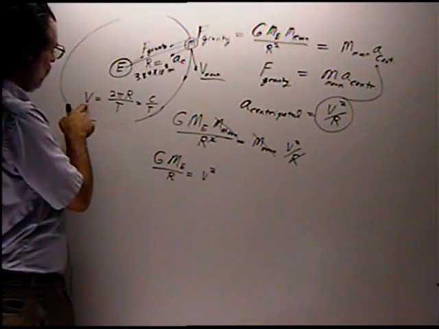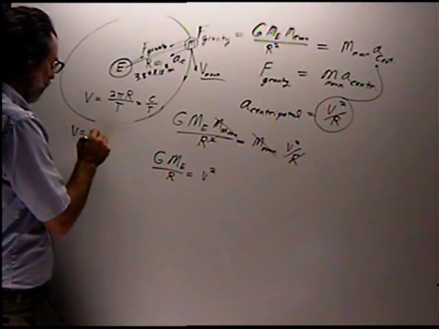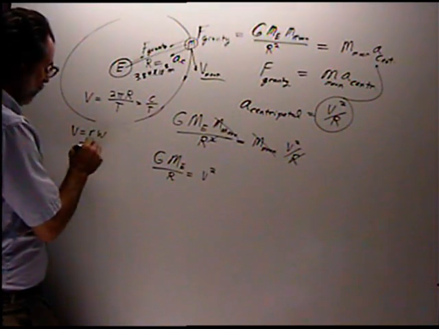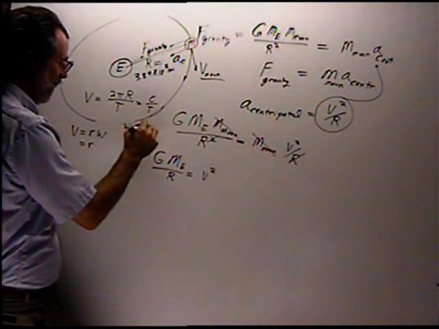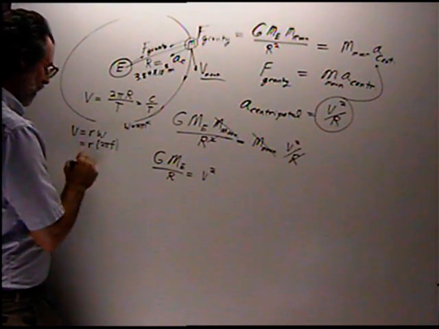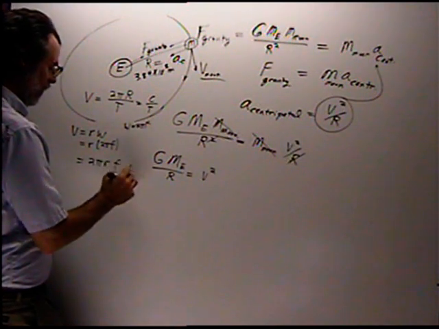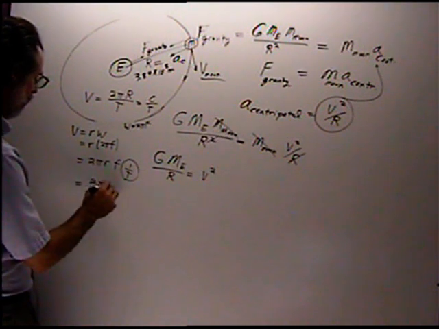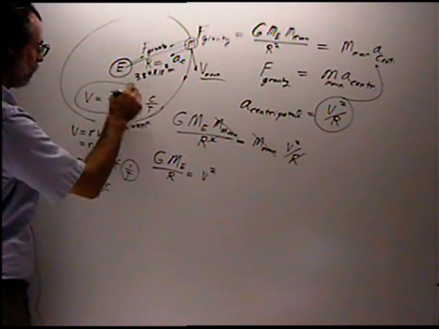So basically, again, for the velocity we could use the equation v equals r omega. Remember, omega is 2 pi f, so we can say 2 pi r times f, and f is 1 over T, so we can substitute that in, and we get 2 pi r over T. Okay, well, that's exactly what we have right here.